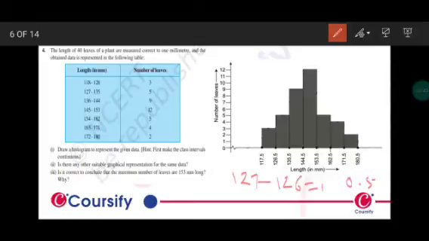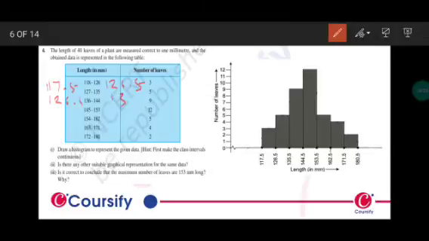So we'll get our intervals as 117.5 to 126.5, and similarly here we'll have 126.5 to 135.5, and we'll have the data till 171.5 to 180.5.